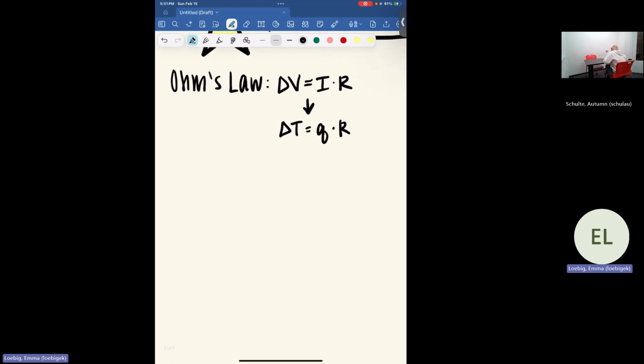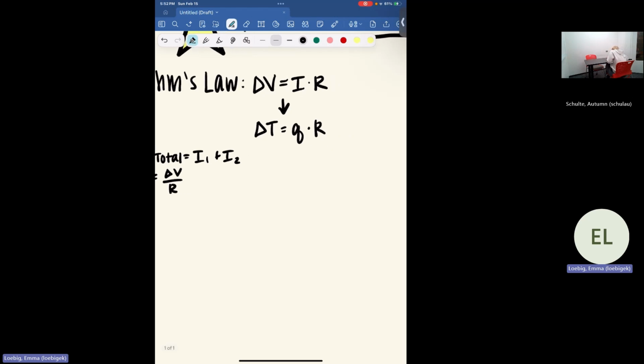And thinking back to circuits, if we have a circuit that's in parallel, we can say that our total current is equal to the sum of the currents. Let's say there's two currents, so it'd be I1 plus I2. And if we rearrange this equation to be in terms of current, it's going to look like I is equal to delta V over the resistance.